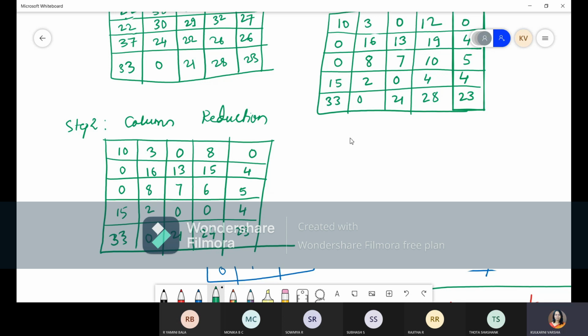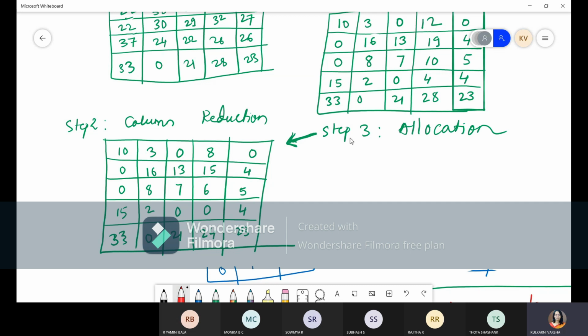Okay. Now next step 3 is allocation, right? Step 3, allocation or assignment. Now we have to do the allocation or assignment on this matrix only. So either you rewrite once again or you do it on this matrix, no problem. So I'll do it on this matrix only, because again writing will be a time consumption.